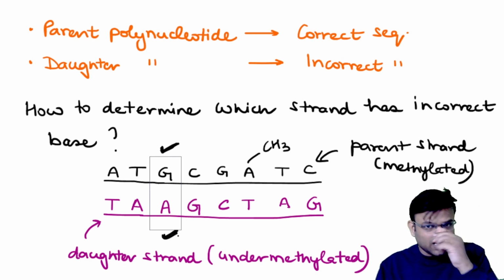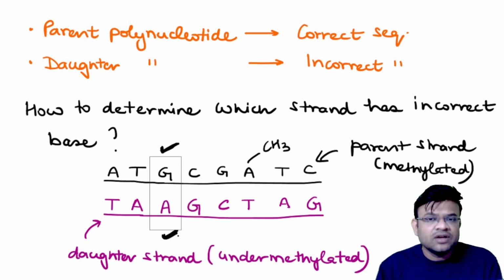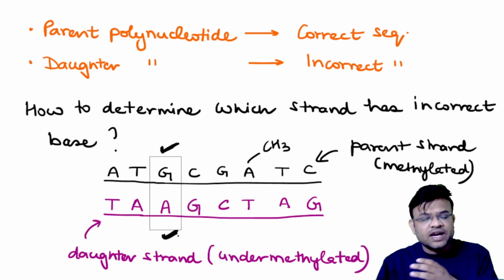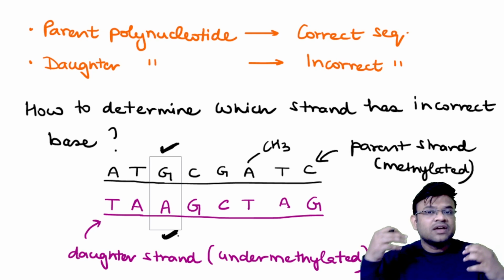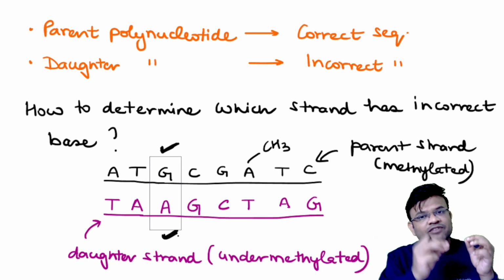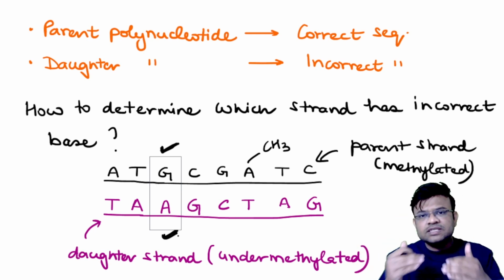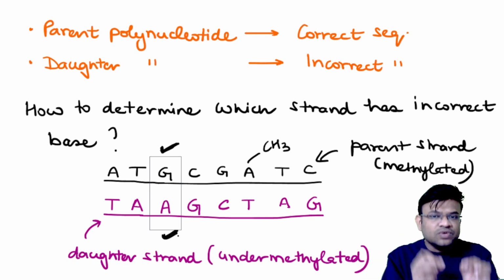You cannot identify which is the original strand and which is the newly replicated strand. Obviously the error would be seen in the newly replicated strand rather than the original strand. If the error was there in the original strand, it would have been catered to before only. But now, since the replication is occurring, the chances are that the newly synthesized strand would have the error.